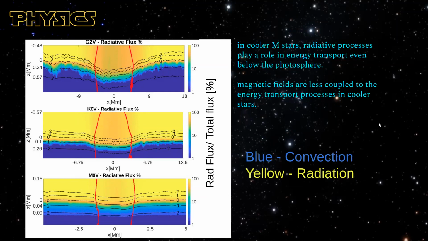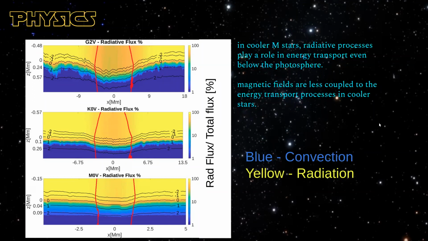This is a vertical cut through the spectral types G, K, and M. The red boundaries indicate where the spot lies, and anything outside red is the quiet star. By the way, the wiggly lines that you see are the pressure scale height. 0 is the surface, -1 is 1 pressure scale height above the surface, and +1 would be 1 pressure scale height below the surface.